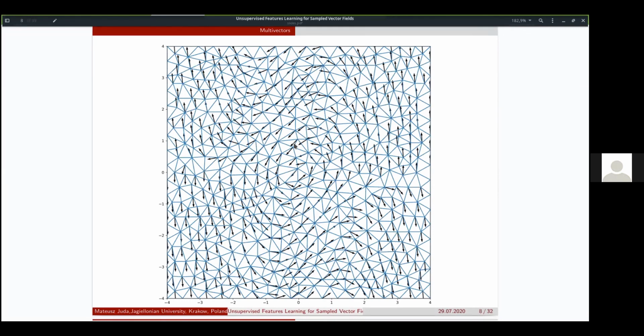In this particular example, we just took the points and created the Delaunay triangulation of that point cloud. What we have as our input for later is the simplicial complex, and at each vertex of the simplicial complex, we also have the vector from the input data.